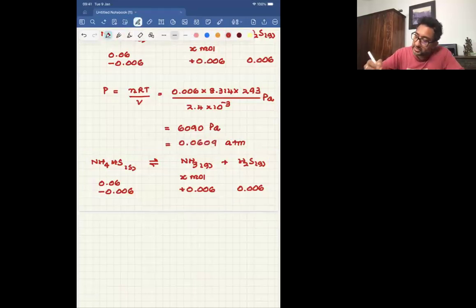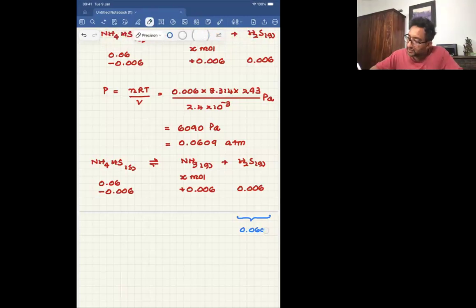What is this? This pressure is 0.0609. I'll take it as 0.061. Right? So we'll take it as 0.061.